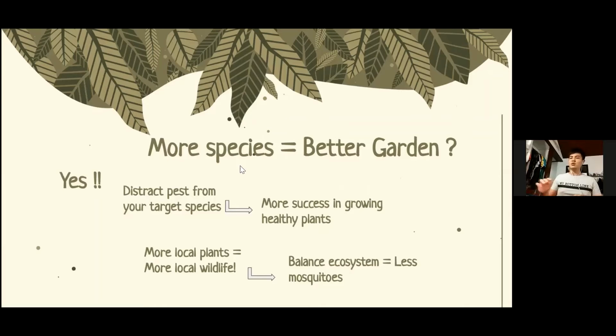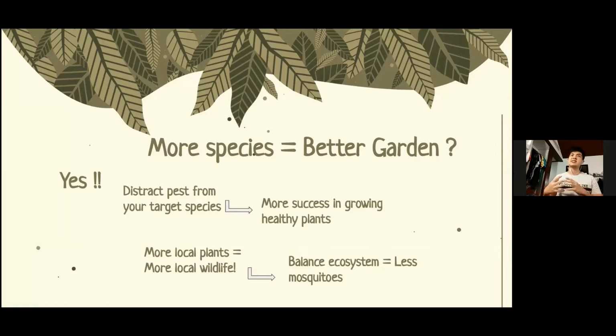We should always think that when there are more species, it should be a better garden. It's always a yes, because when you have more species interacting with each other, they will produce different features, different microclimates, and different levels of resilience. For example, in the first series of the workshop, Charlene mentioned a very important point: if you plant more companion plants, you can distract the pests from your target species.